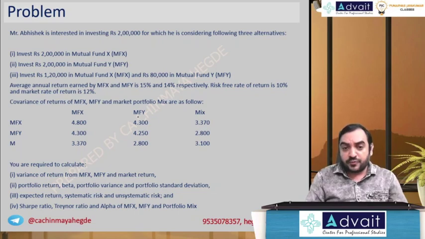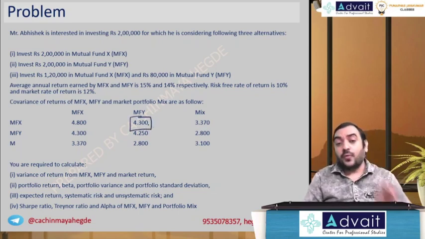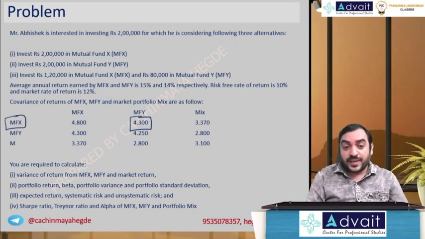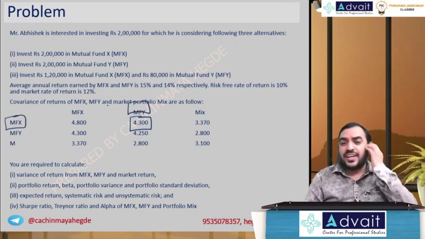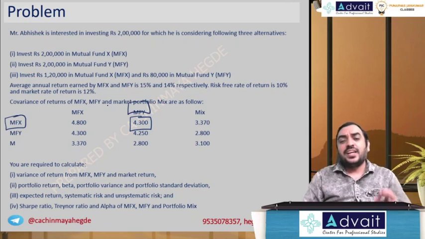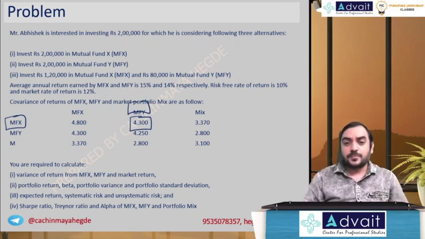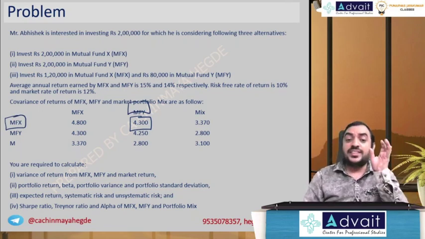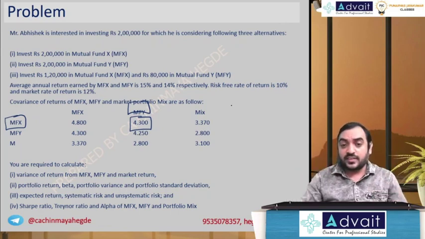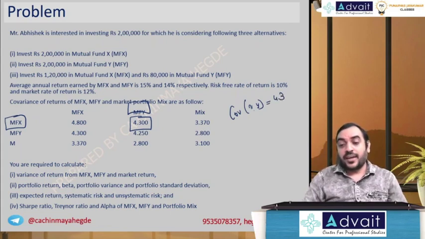So what do you understand by 4.3? 4.3 is the covariance between mutual fund X and mutual fund Y. Let's not call it mutual fund X and Y. Let's call it security X and Y. So the covariance between X and Y is 4.3.